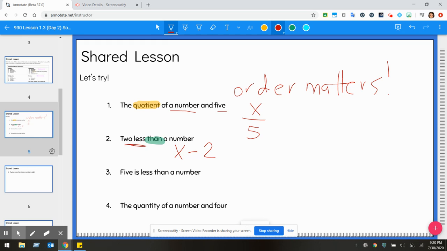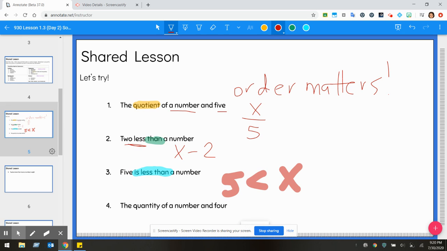Next, 5 is less than a number. This is a trick. Be careful. Is less than means that this is going to be an inequality. So that one is actually an inequality.